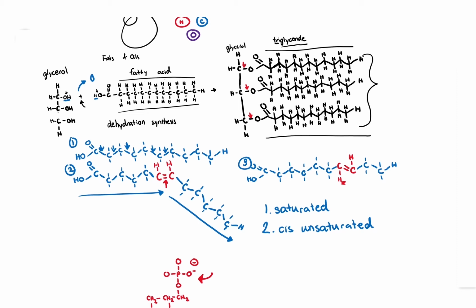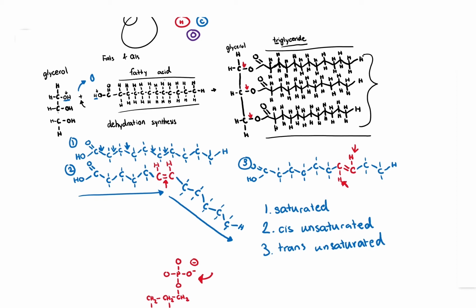The final type of fatty acid is called a trans-unsaturated fatty acid. Now the difference between the cis and the trans-unsaturated fatty acid is that these hydrogens are on opposite sides. They're on opposite sides of the carbons.